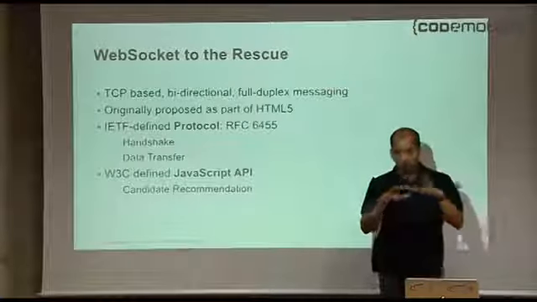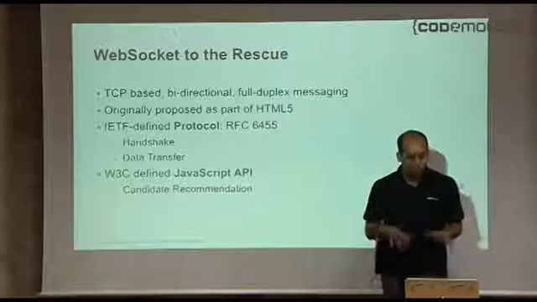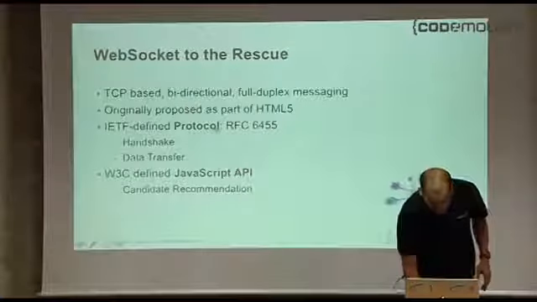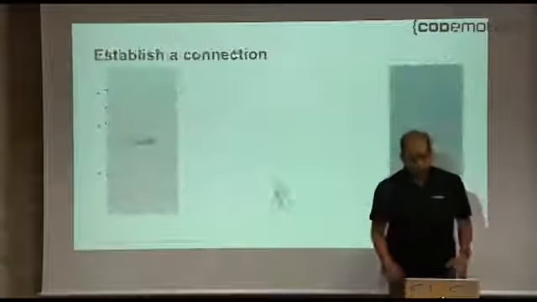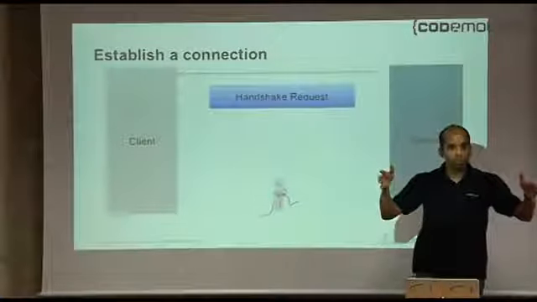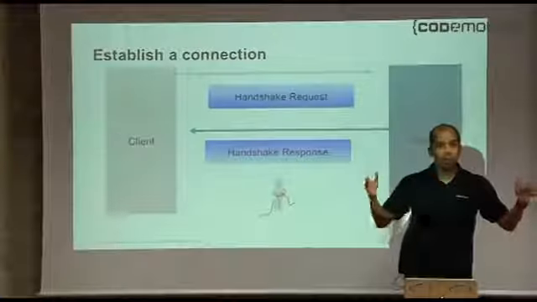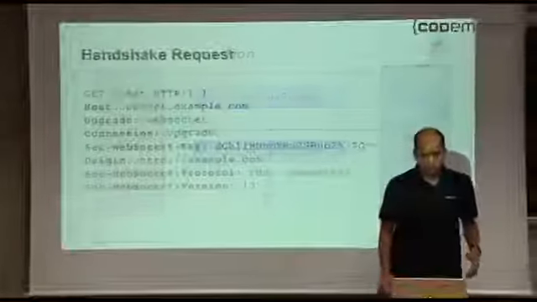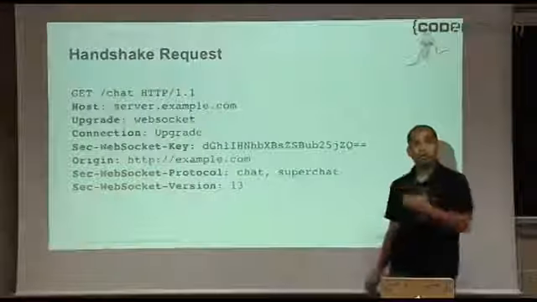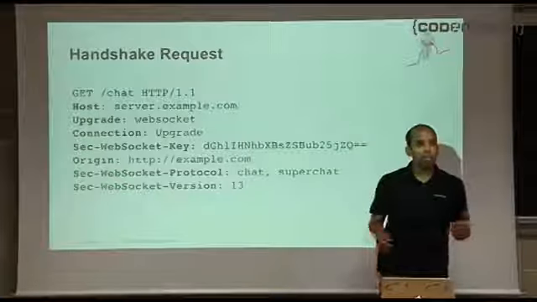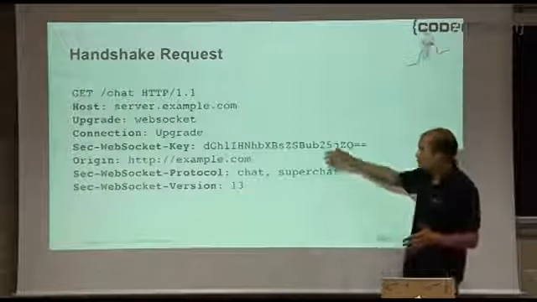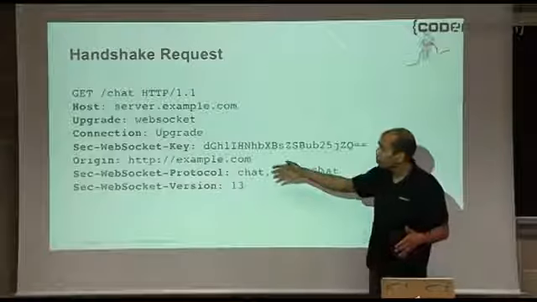So how does the whole thing look in terms of connection establishment? Well, there's a client, there's a server. They are trying to connect using normal HTTP methods. So the client makes an HTTP request to the server. The first request, as you can see over here, is just a normal HTTP request.